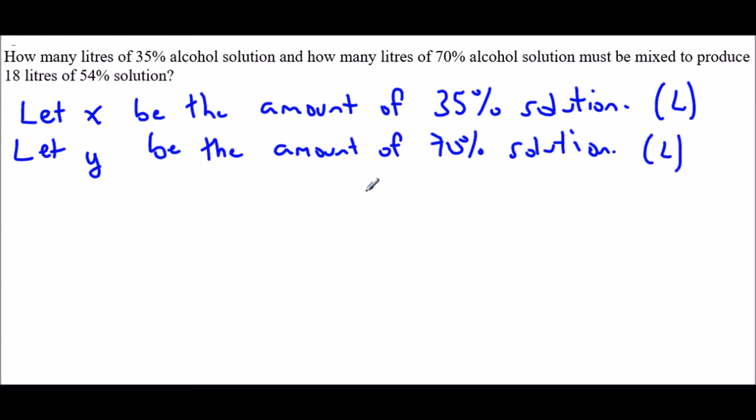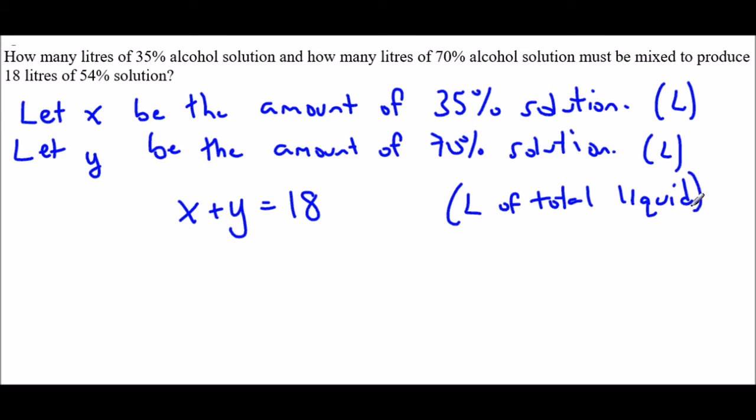So I'm going to make some equations. When I mix this much of the first solution and this much of the second solution, I need to result in 18 liters of total solution. So x plus y equals 18. That's the liters of total liquid.